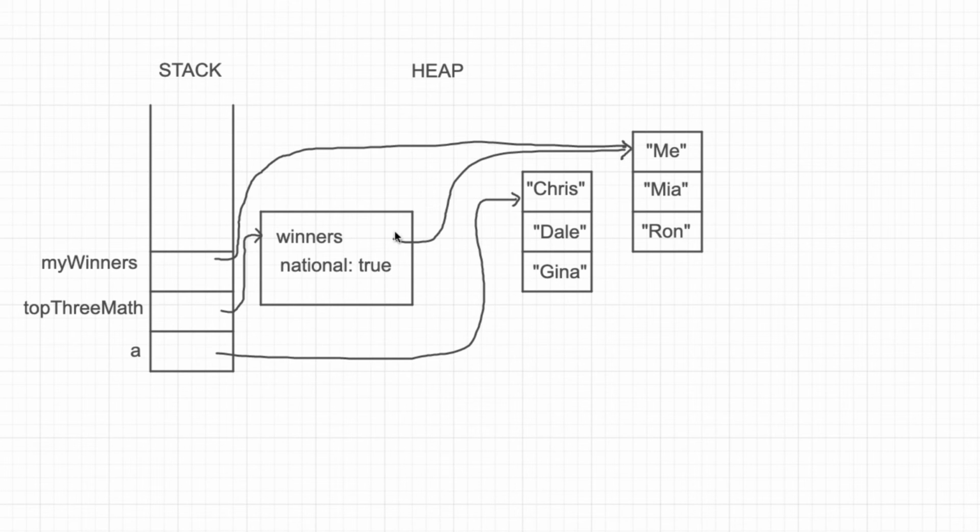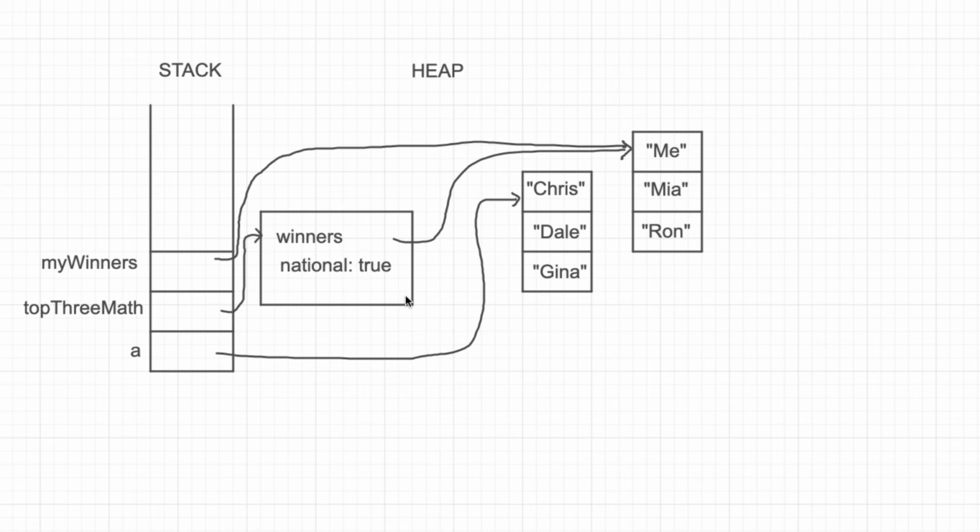The reference here is drawn as an arrow, but really you can think of it like an address. So it gives the address to my winners. Now my winners has a reference to the very same object on the heap. Originally it said Alex, Mia, and Ron, but then when my winners was changed to me, Mia, Ron, that also affected the top 3 object.